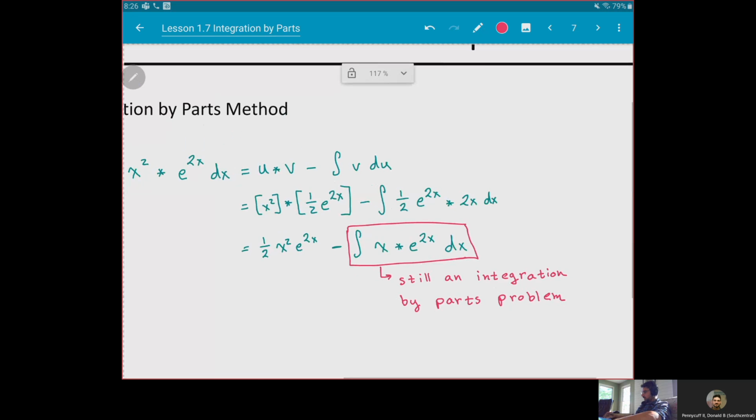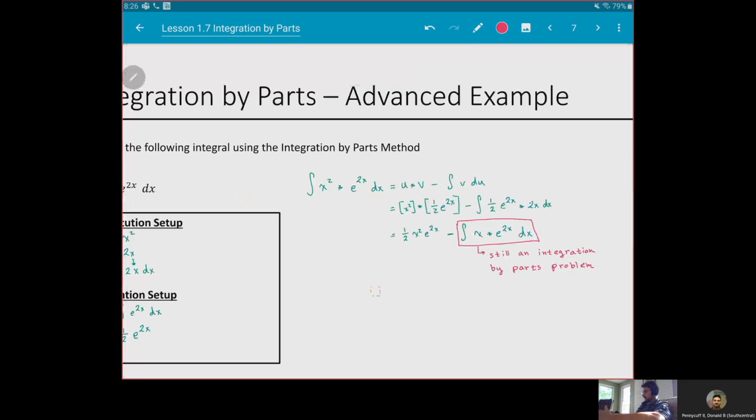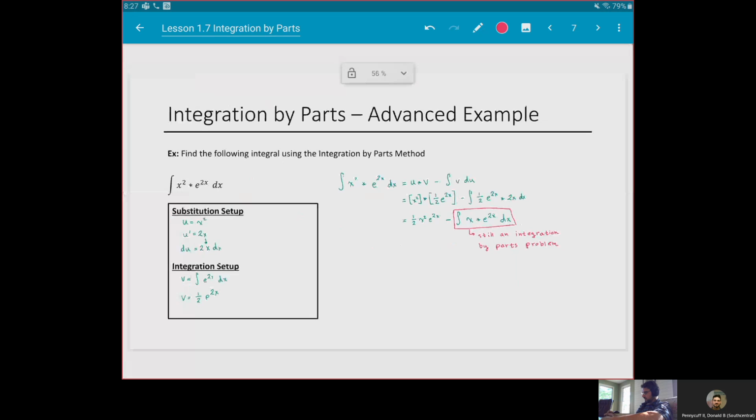So I'm going to have to go off and do that on its own. So let's go over to the next page.